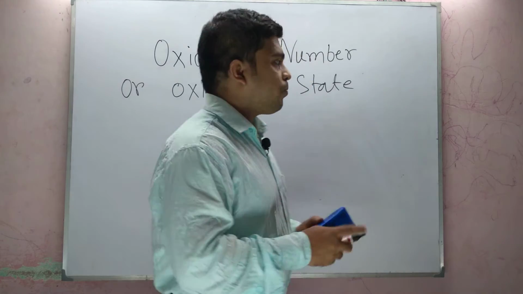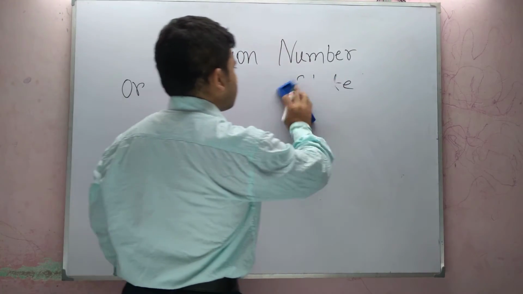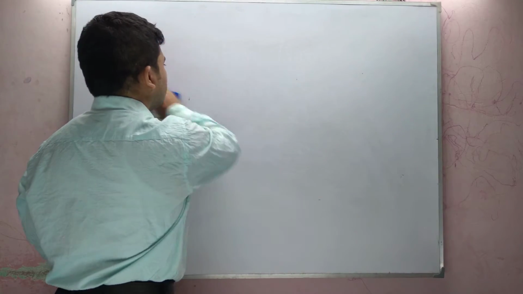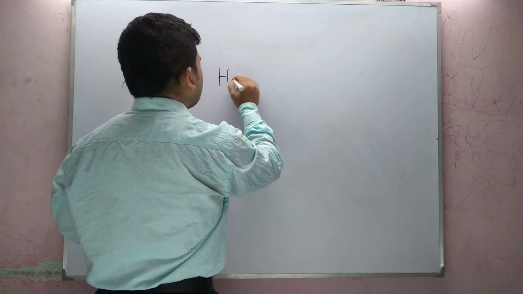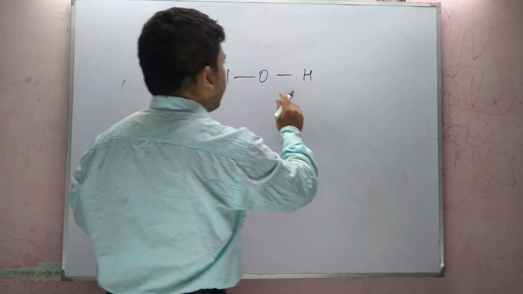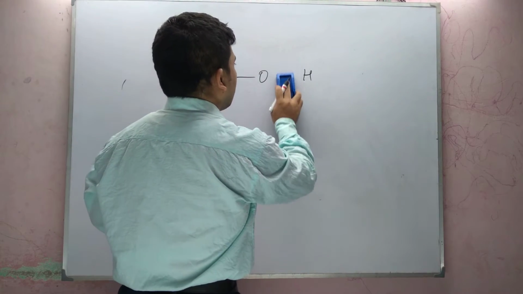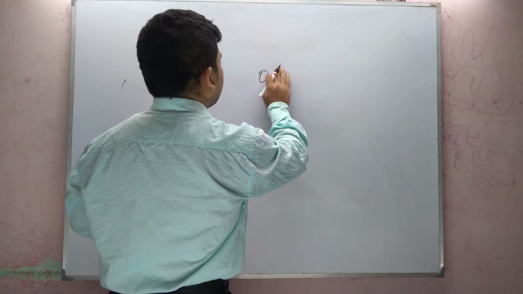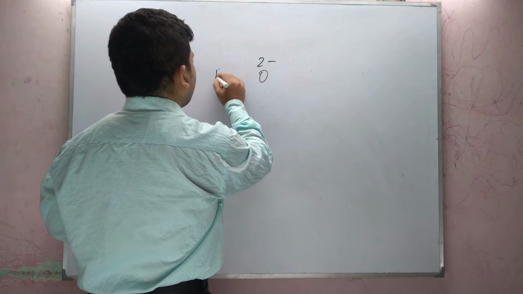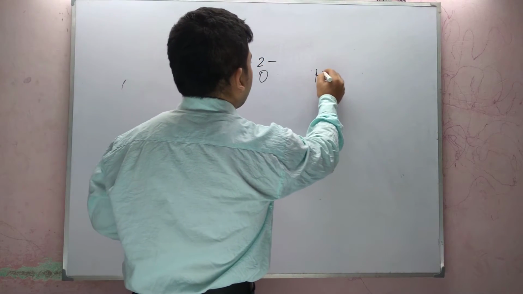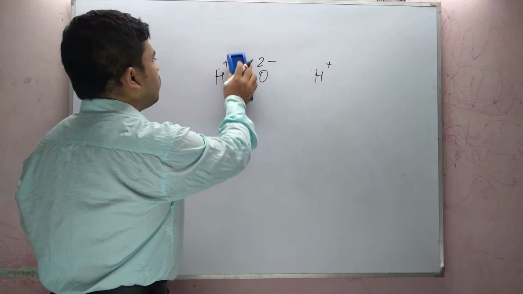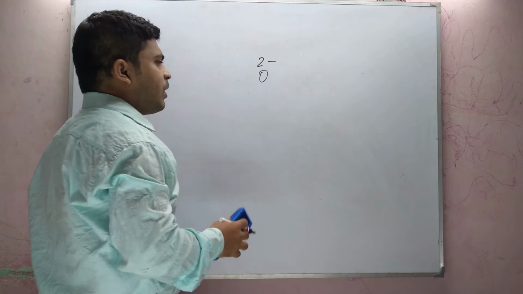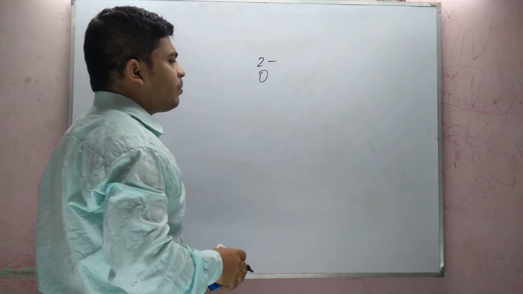For example, take water. If we remove the two hydrogens, the charge that appears on oxygen is 2 minus, because each hydrogen is plus 1.